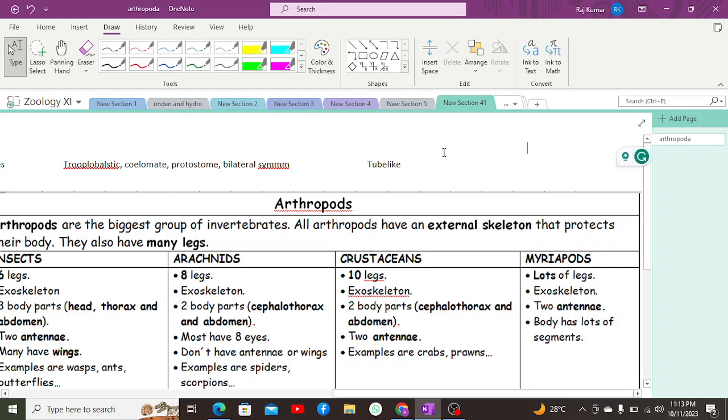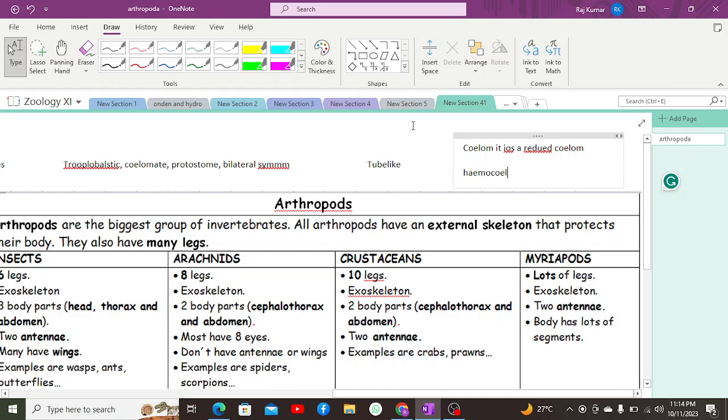When it comes to their circulatory system, their coelom is not a complete coelom, it is a reduced coelom, which opens into a cavity known as the hemocoel.